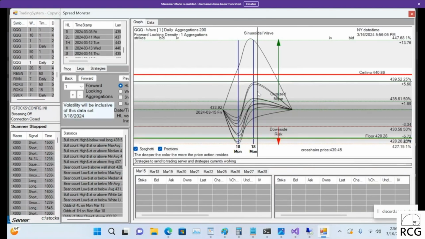So these waves down here and these waves up here, it's making an assumption that the start is low coming off the open. The low hits off the open, and then we hit the high.